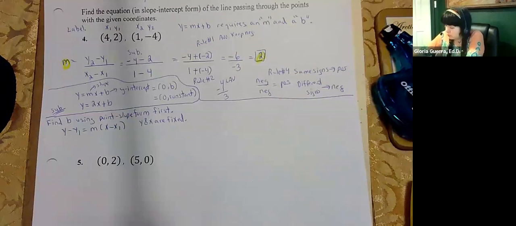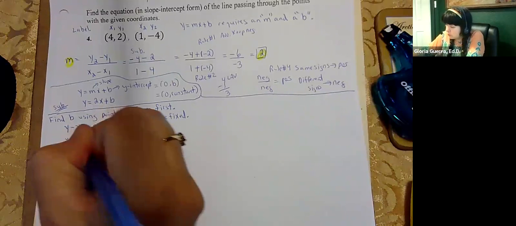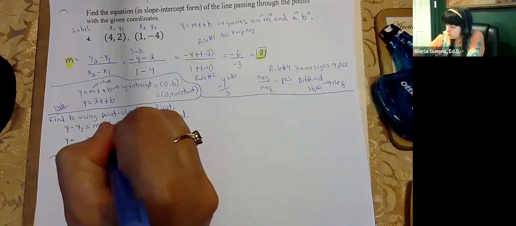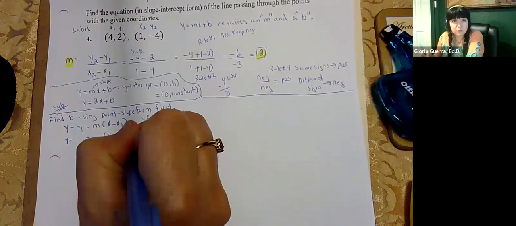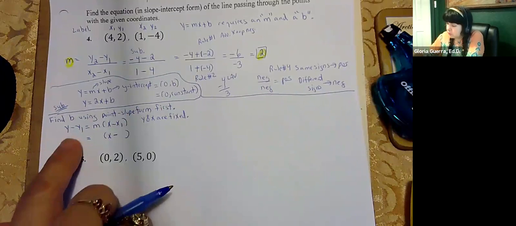So we have y minus, equals, x minus. Those are fixed. And I'm just putting in the subtraction signs while I'm at it.